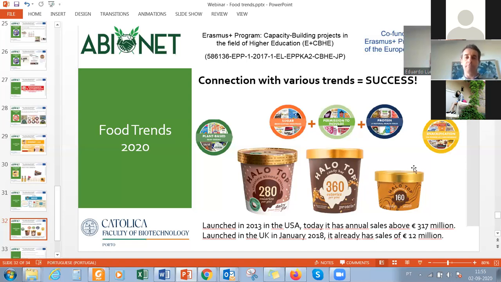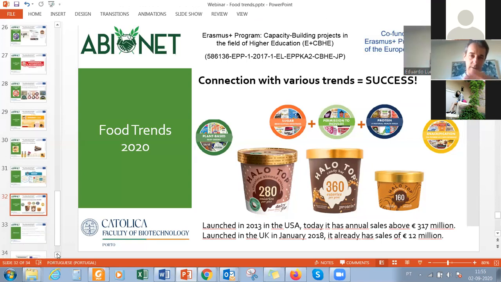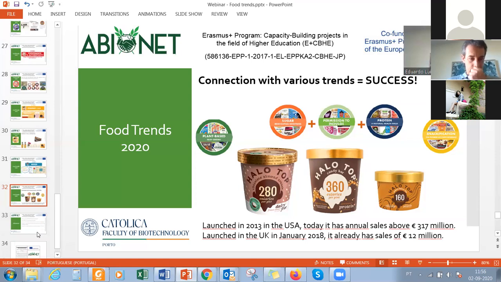They try to align different trends around those ice creams, and it seems they are succeeding well. It's just an approach that they recommend.